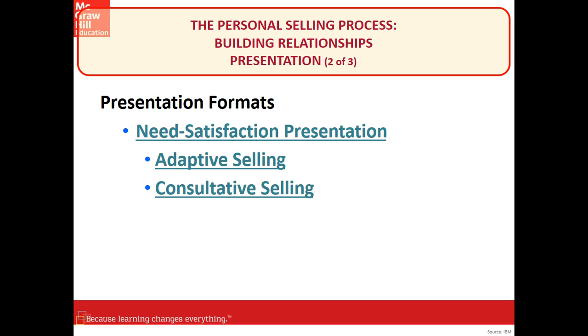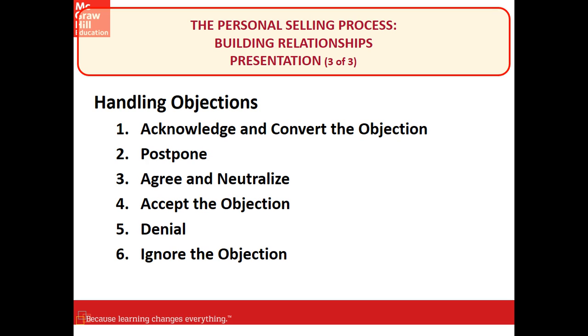And presentation formats, you can have the need satisfaction presentation, adaptive selling, or consultative selling. Make sure you know the difference here. Handling objections. How do you handle objections? Acknowledge and convert the objection. Postpone, agree and neutralize, accept it, deny it, or ignore it sometimes, okay?